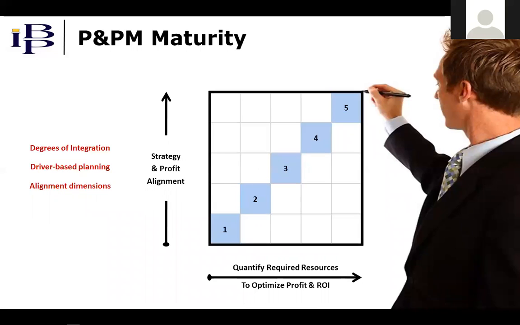With the maturity model, we're going to describe 5 different stages of maturity, and what we're describing here are degrees of integration. For example, we're going to describe 5 different types of driver-based planning models and the alignment dimensions.